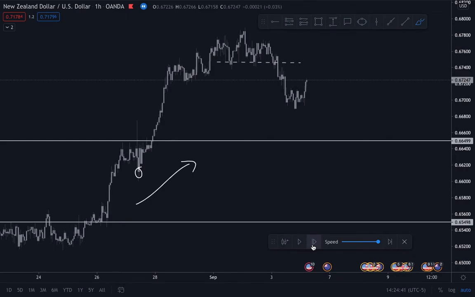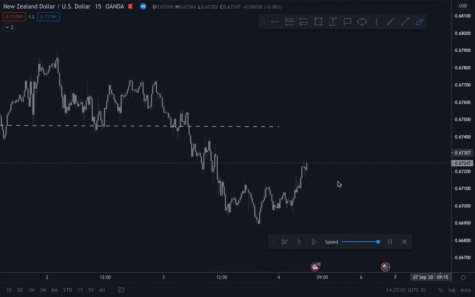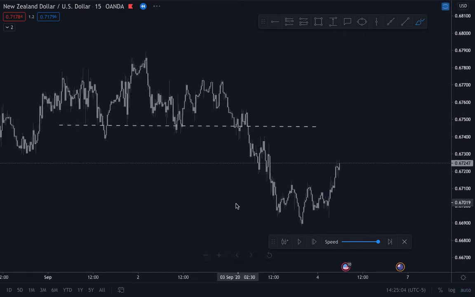So what I'm looking for is any indication that the sellers might be dying off. So as you can see, price is coming down very strongly and forms what would be, on the lower time frames, I can just go down to the lower time frame, a bunch of relative equal lows, right?